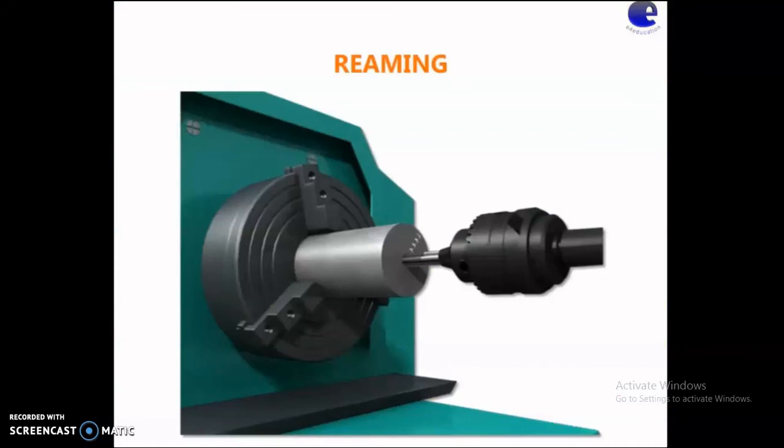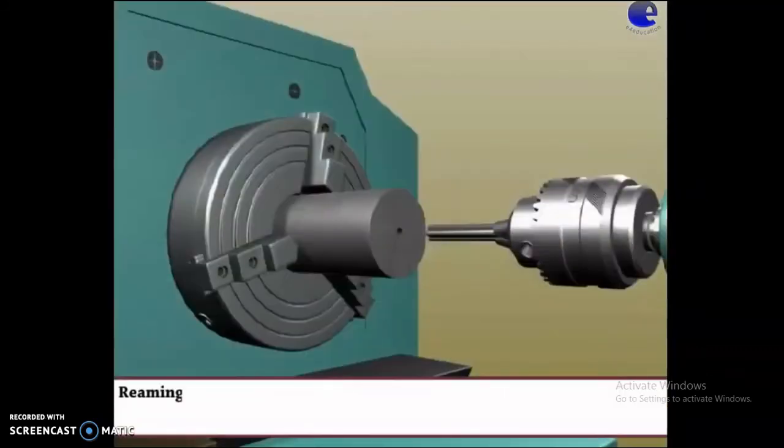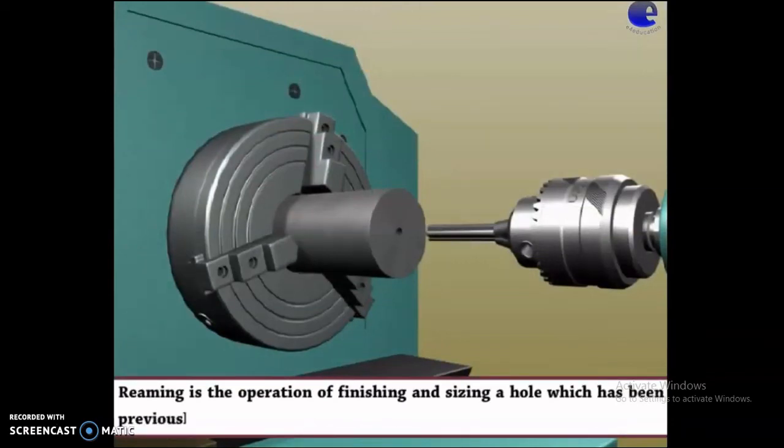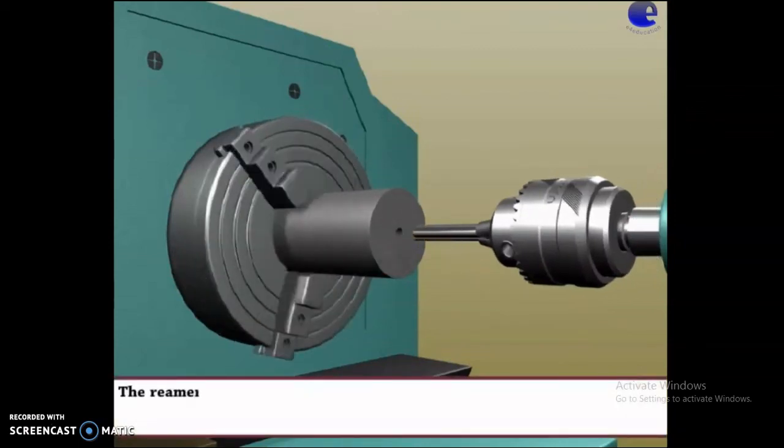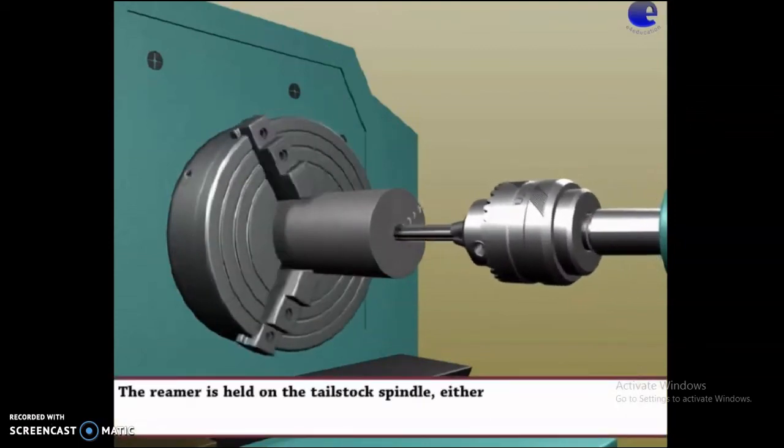Next is the reaming operation, or finishing operation. It is the finishing and sizing of a hole which is already drilled or bored. This is the workpiece, and this is the reamer tool, and this is the reaming operation.